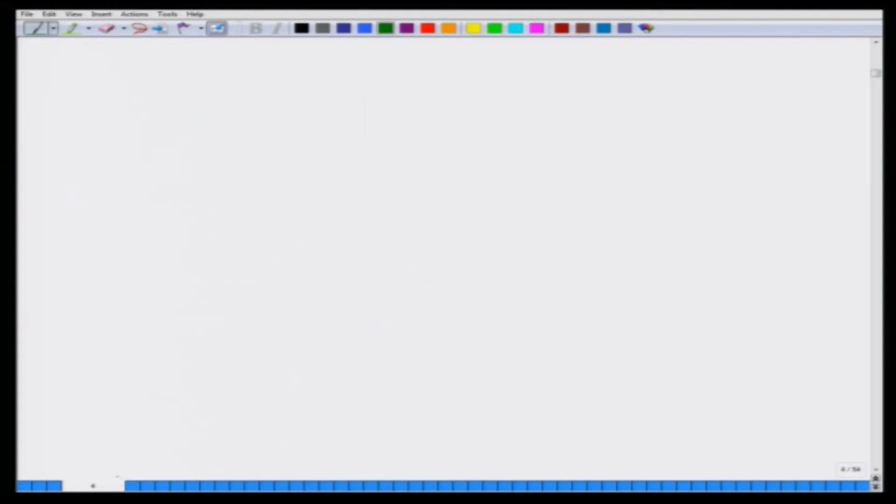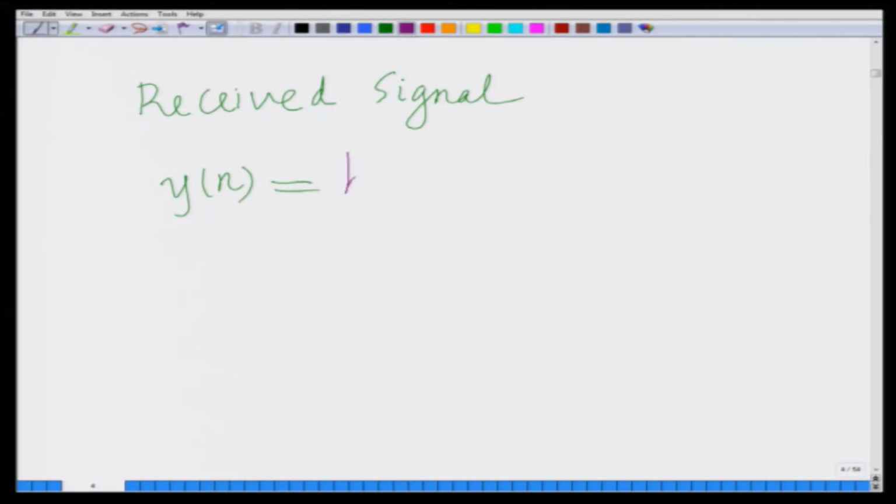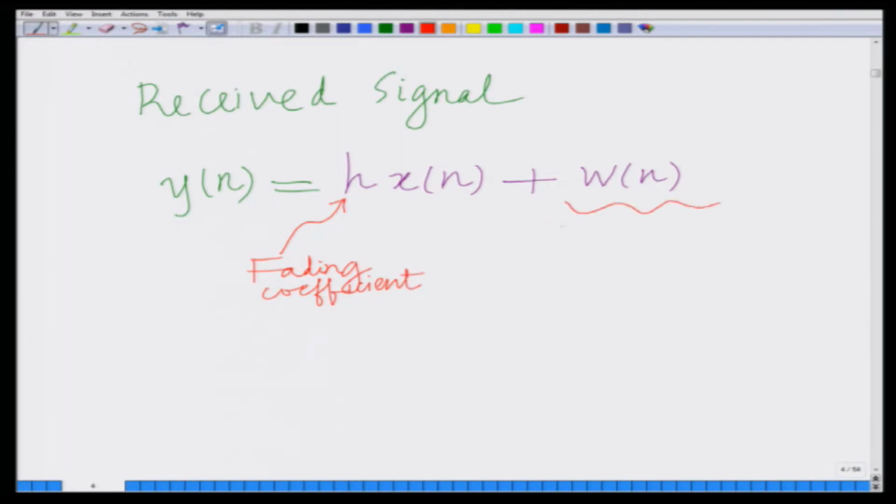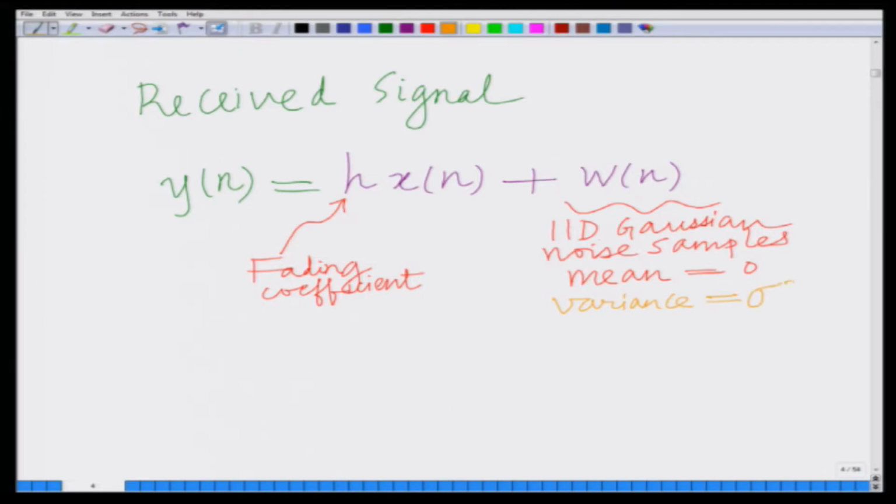The received signal, as we already know, is y of n equals h times x of n plus w of n, where h is the fading coefficient and w of n are IID Gaussian noise samples with mean equal to 0 and variance equal to sigma square.